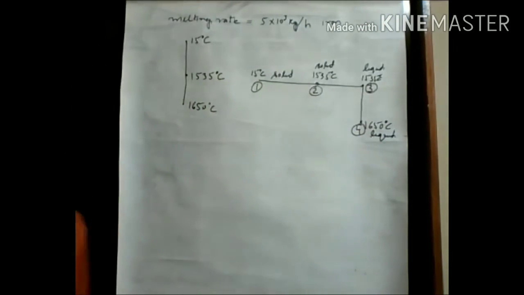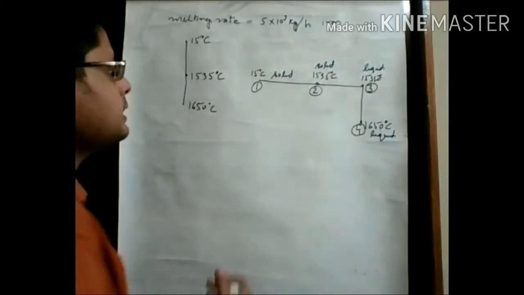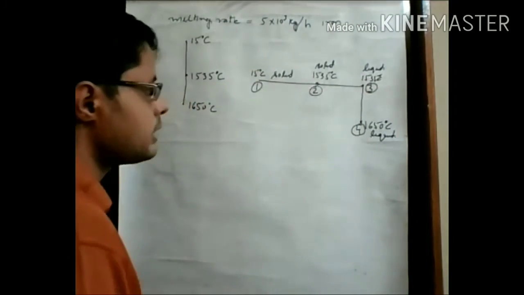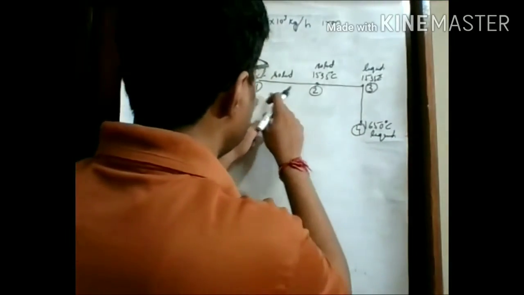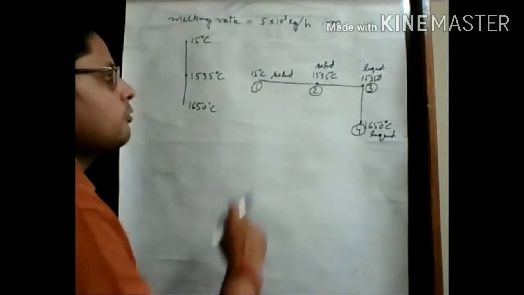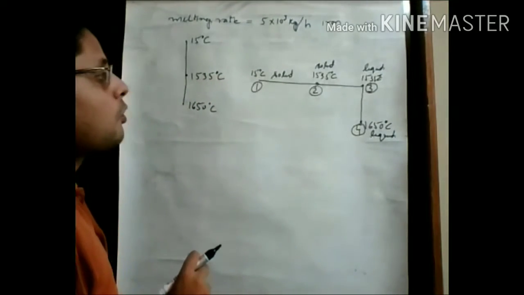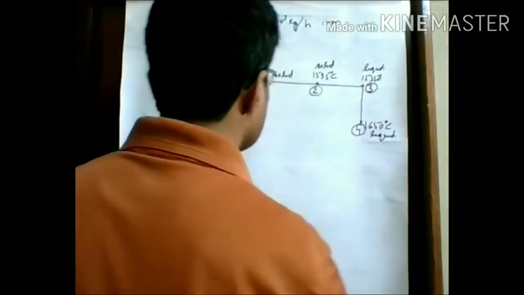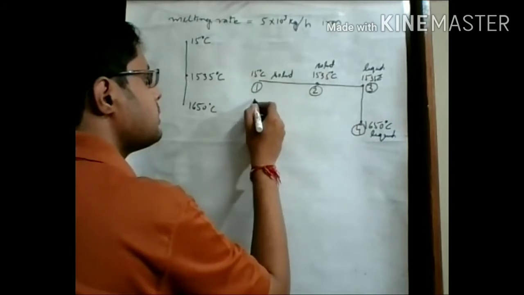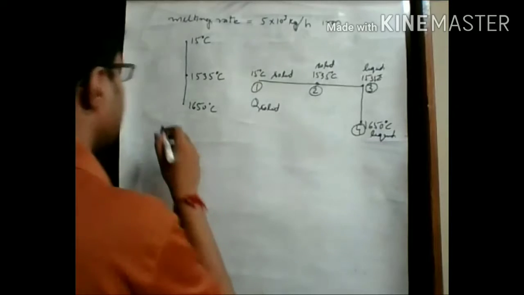So if we want to calculate how much amount of heat is needed to convert this iron from 15 degrees centigrade solid state to 1650 degree liquid state, then firstly, between the 1 to 2 condition, that is 15 degree solid state to 1535 solid state iron, what is the actual amount of heat needed to convert the first state to the second state, then we have to adopt this expression for Q solid. Okay, so what is the value of this Q solid?